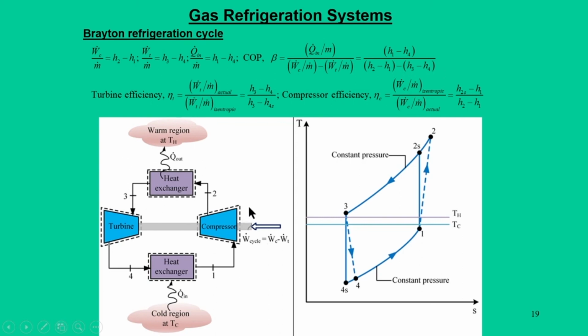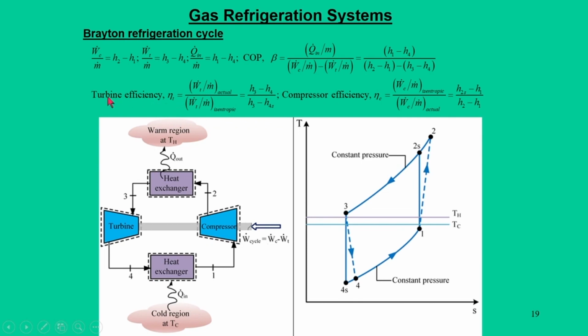And apart from that, while talking about gas refrigeration, we also talk about the efficiency of the components, and here mainly the isentropic efficiency of the turbine and the compressor. Based on the state point calculations, we can use the isentropic values as well as the actual values.